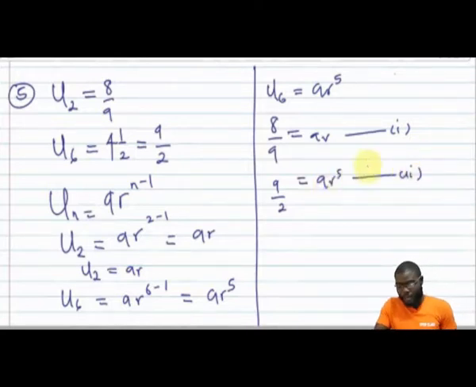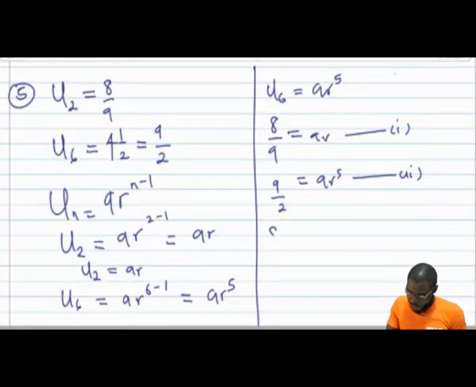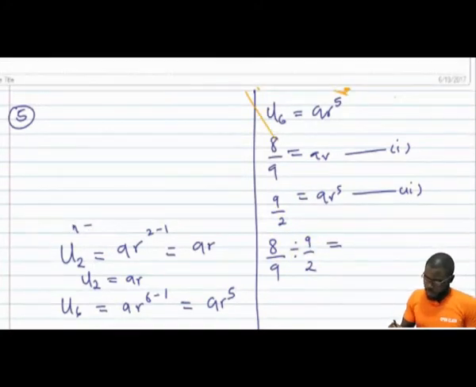Now we divide equation 2 by equation 1. So by dividing, we have 8 over 9 divided by 9 over 2, equals AR over AR to power of 5.